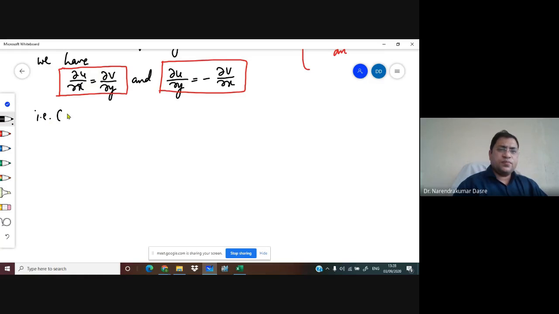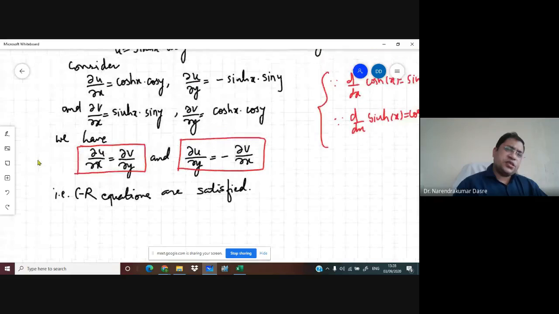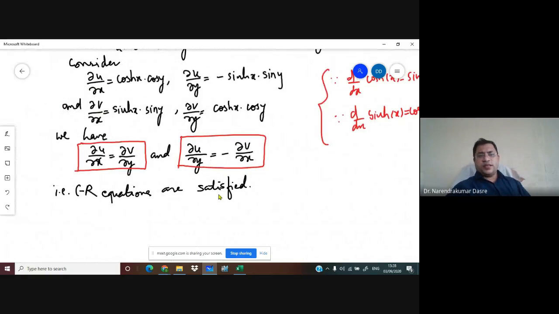But as we know, only CR equations are not sufficient. This is necessity, but not sufficient. Now we have to think of the sufficiency.